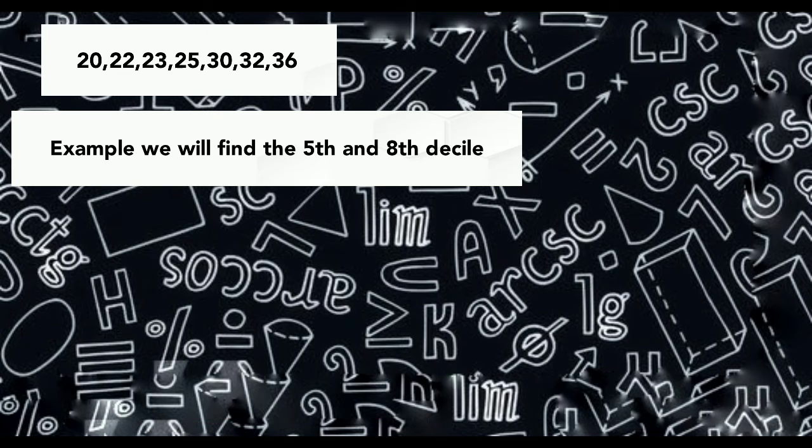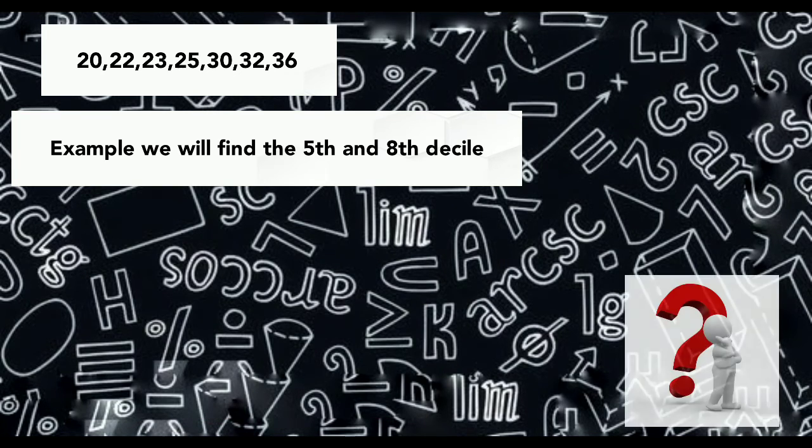Let's have another example. What if we want to identify what is the d sub 8 or 8th decile? Again, we will use the formula d sub 8 is equal to 8 over 10 multiplied by n.